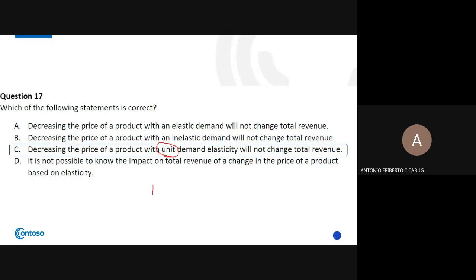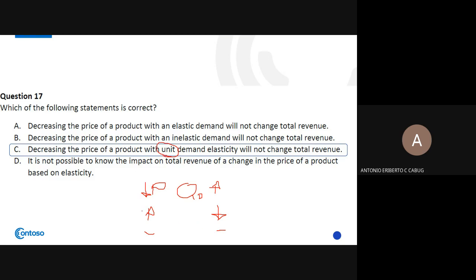So remember, alam naman natin, no, when the price goes down, the quantity demand goes up. When the price goes up, the quantity demand goes down. Basic econ to, no? When the price stays the same, the quantity demand would stay the same.